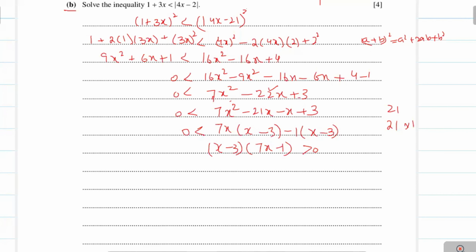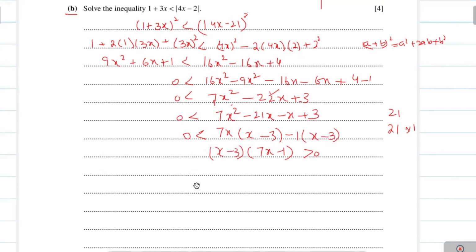We can find the value of the inequality by using the quadratic curve. You see here, x equal to 3 and x equal to 1 over 7 are the intersecting points of this quadratic curve. This is 1 over 7, this is 3.